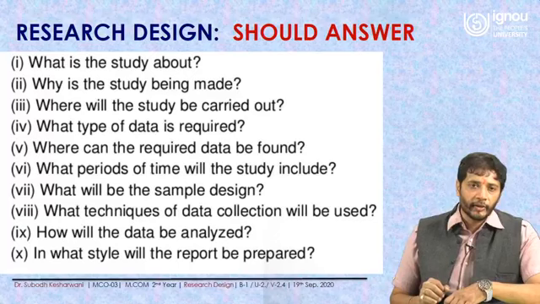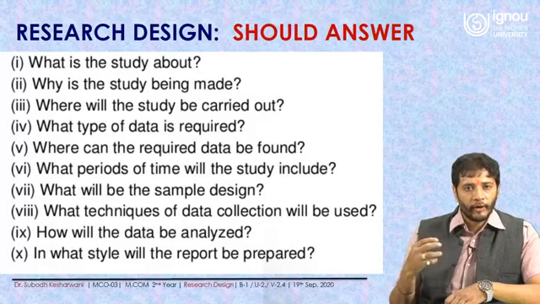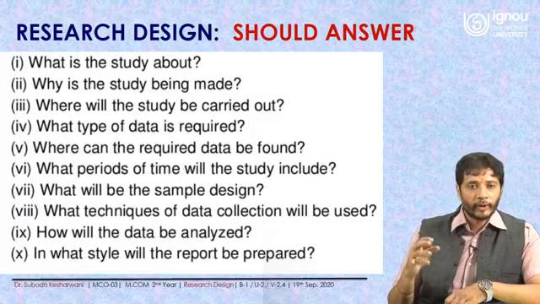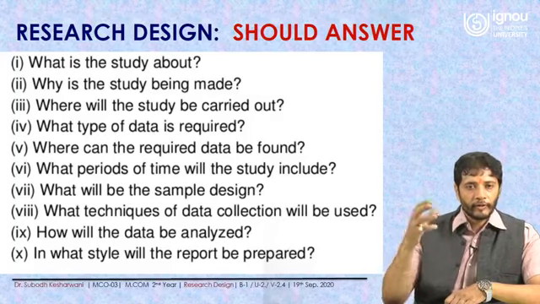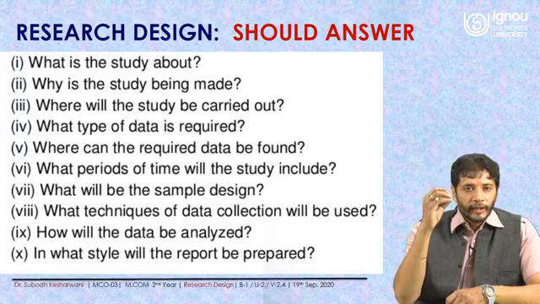So what type of data is required? Sometimes we believe in collecting primary data, or first-hand information, but secondary data plays a very important role. If you talk about stocks, or doing a case study-based survey, or a comparative analysis of hundreds of companies vis-a-vis a particular segment, there it is very important what type of data is required, and whether it could be secondary data or primary data.